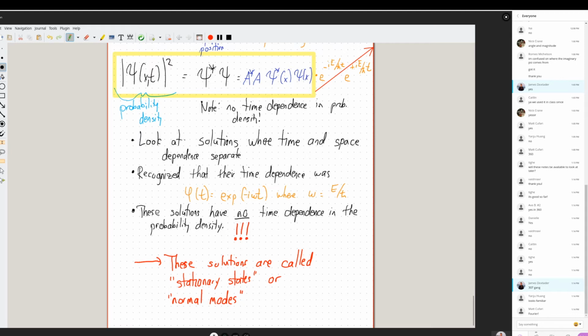So really, 307 was a backdoor preparation for quantum mechanics, because the mathematics of things that just vibrate with a constant frequency everywhere and don't depend on position are the same as trying to understand the stationary state solutions in quantum mechanics. So what I'd like to do now is to show you an example.